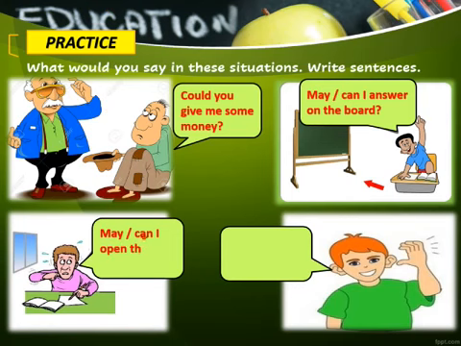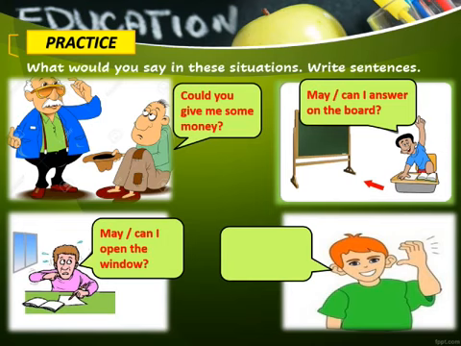Picture 3. The student seems to be feeling hot because the window is closed, so he wants permission to open the window. A possible answer will be, may I, or can I open the window?